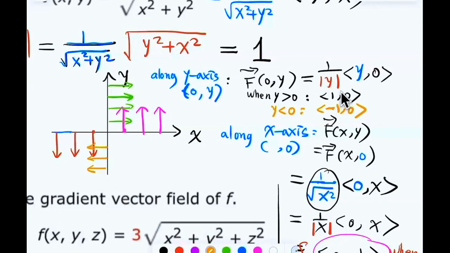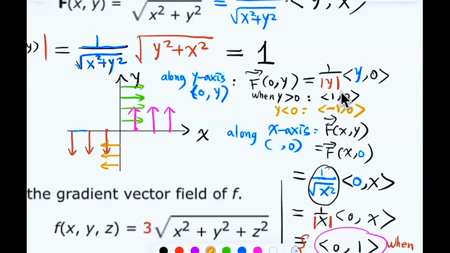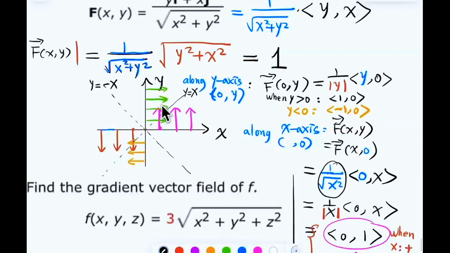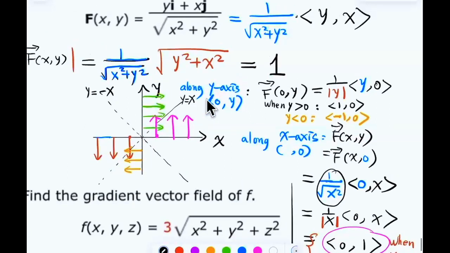Okay. And then you can also try to do along this line here, y equal to x, and along y equal to negative x. You can try to plug in the values over here and calculate. What happens when y equal to x? At the first quadrant, what do you get?